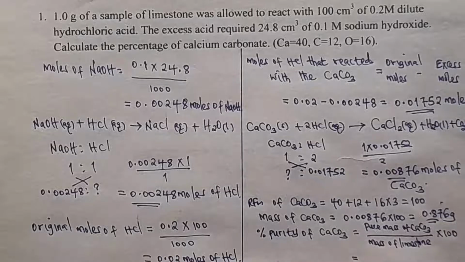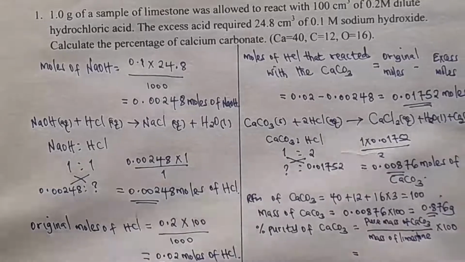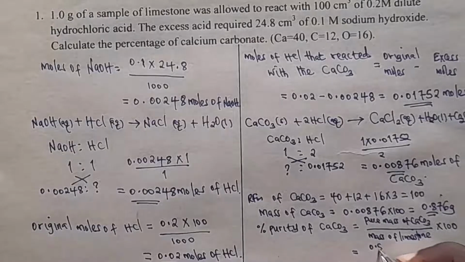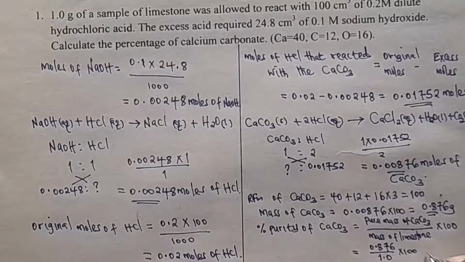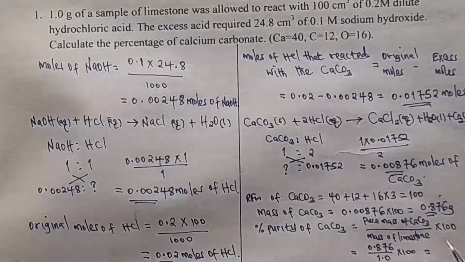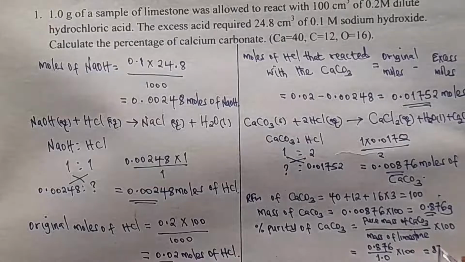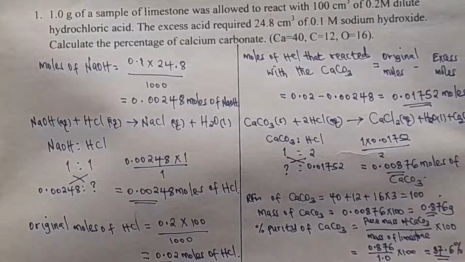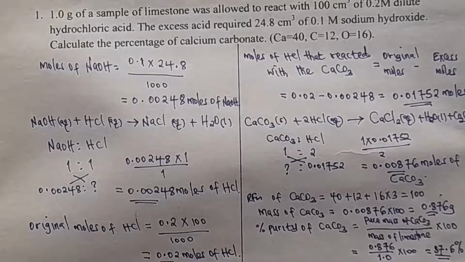So when we put this here, we are going to say 0.876 divided by 1.0 times 100%. So here we are going to get 87.6% as the percentage purity of the calcium carbonate in the limestone. That will be the end of question number 1.